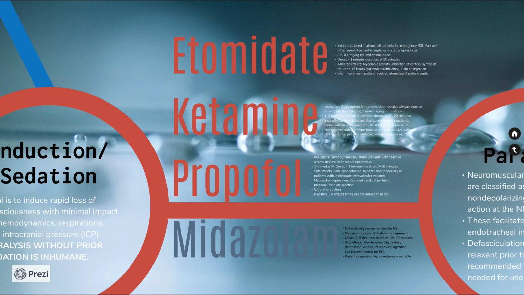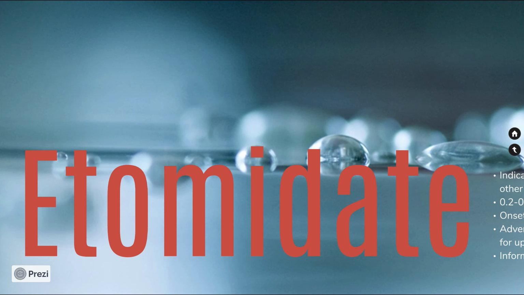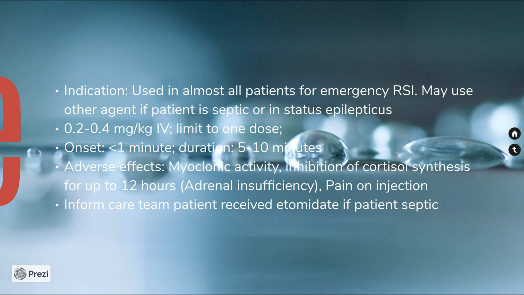So what are the agents involved in sedation? Etomidate, ketamine, propofol, and not a popular option, midazolam. So we focus first on etomidate. It is used almost in all patients for emergency rapid sequence intubation. You may use another agent if the patient is septic, infection, or in status epilepticus.